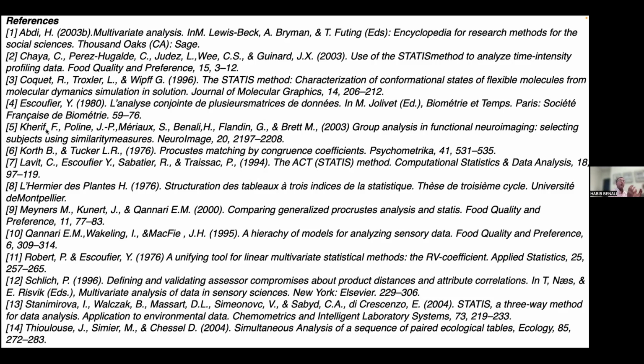Canonical analysis also looks at the similarities between different data tables. What canonical analysis and partial least squares do is look at the compromise, the first step of this technique, having the representation within this space between the experts, and that's it.